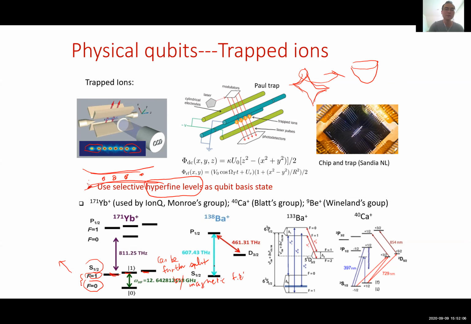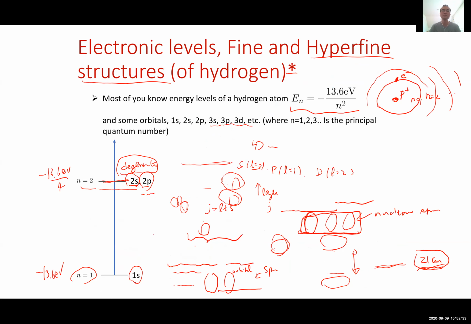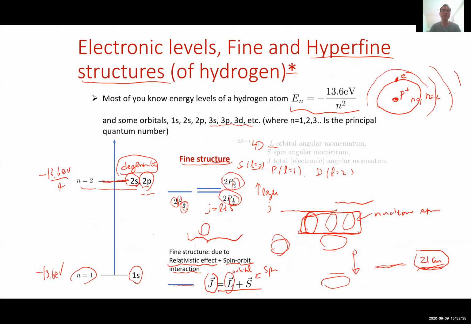And so if you can control the transition between any two of them, you can use a pair as a qubit. But as I said, these are not the natural choice because you have so many levels. They may come into play, affect your fidelity, cause decoherence, etc. But additional levels offer you additional control. So that's hyperfine structure in the ions.